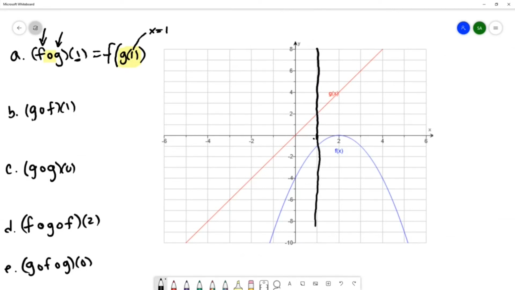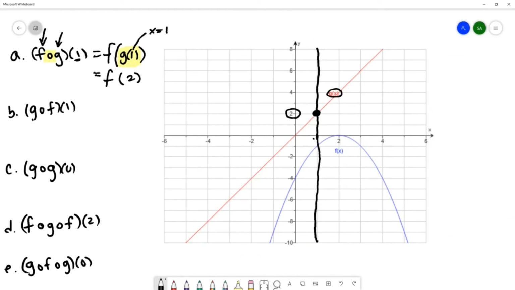These are all the ordered pairs where x equals 1. I'm interested in the one that falls on the graph of G. So I'm interested in this point here. That point has a y value of 2. So G of 1 equals 2.